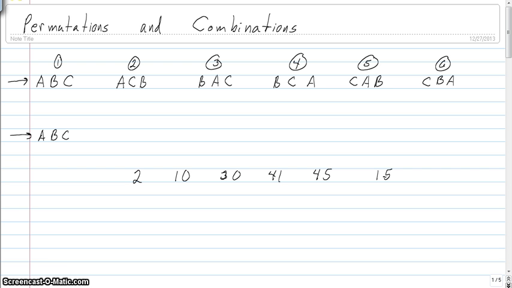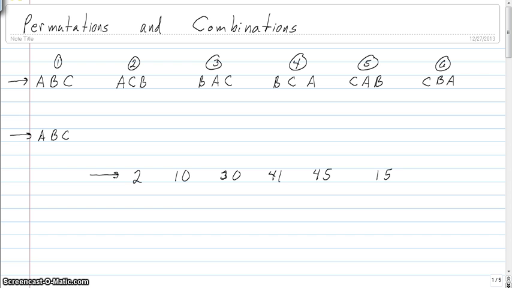When you choose your lottery numbers, that's a combination, because if you chose these in a different order, you still have the same winning combination. So you might say these were the winning numbers.